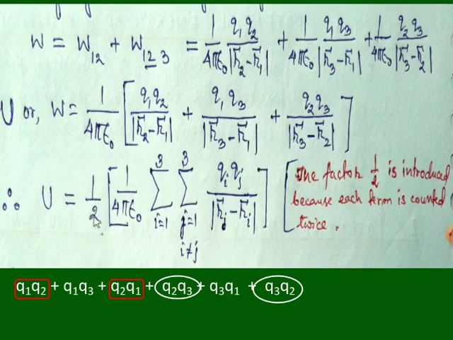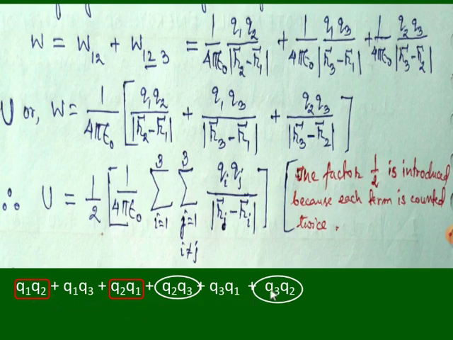So this factor 2 and the terms coming two times cancel, and you will be getting as it was before. Clear? That is what this double summation gives you. This factor half is introduced because each term is coming twice.